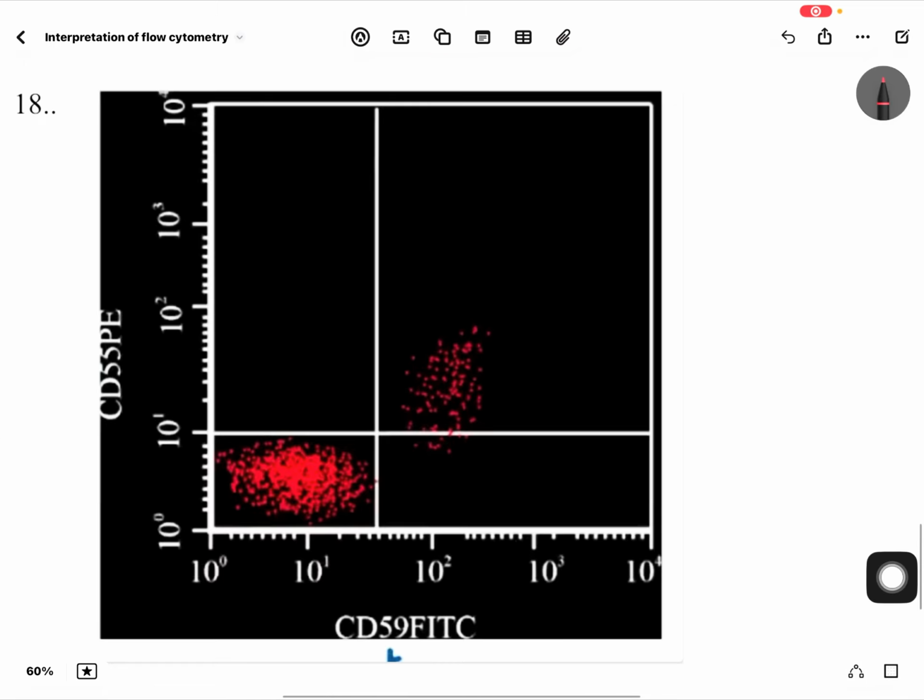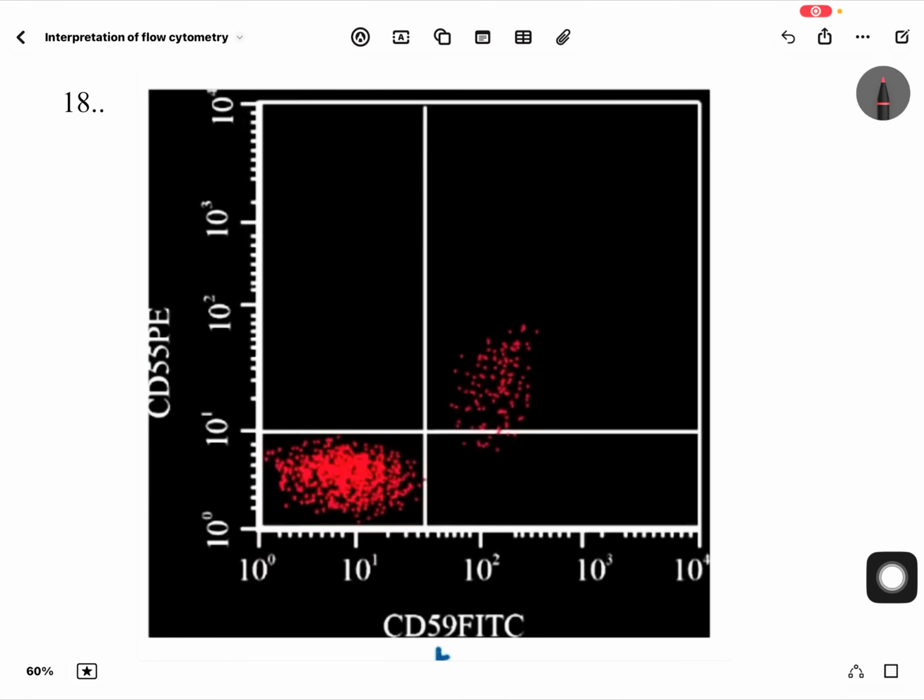That is this. Only one simple chart, CD55, CD59. Majority of the population is here, means negative, and few population is here. What are these markers? CD55 absent and CD59 absent. So that means this is nothing but PNH, paroxysmal nocturnal hemoglobinuria.